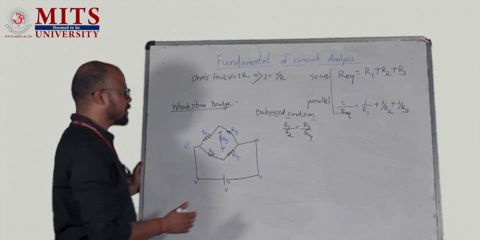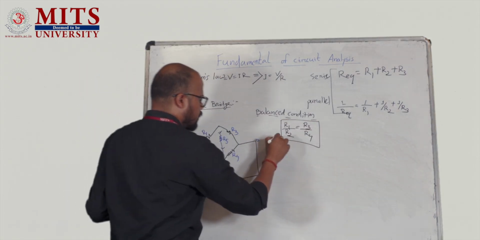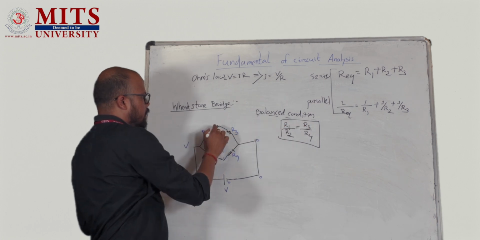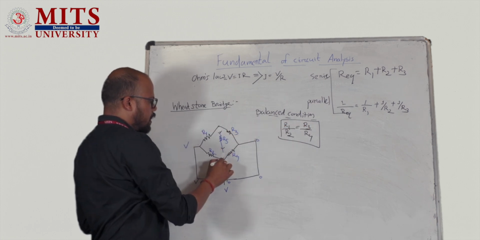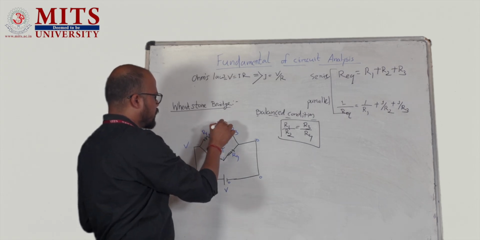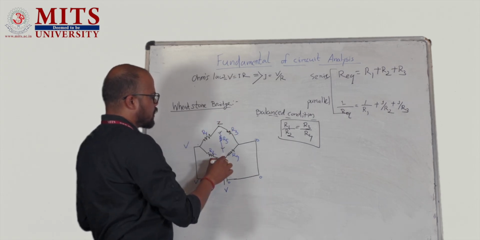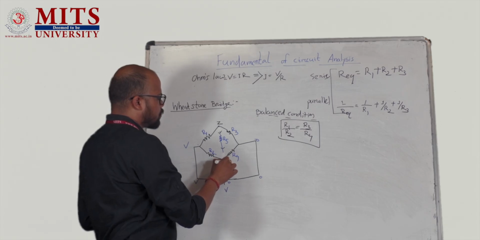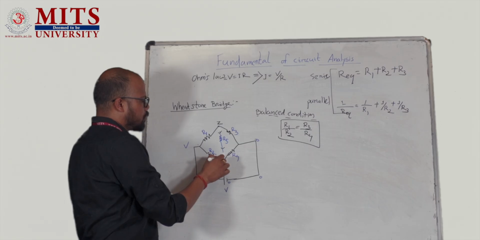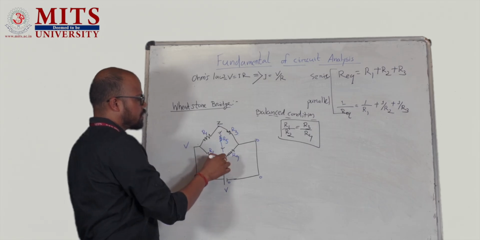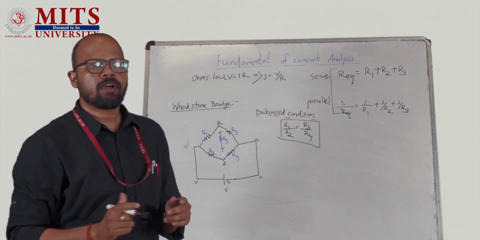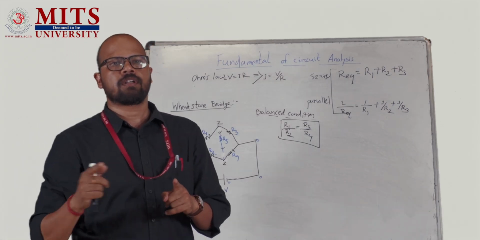Or you can say that when this condition is satisfied, when this ratio is equal to this, then this point and this point are at the same potential, say Z. So when these two points have the same potential, no current will flow, because current flows when there is a potential difference, from higher potential to lower potential.